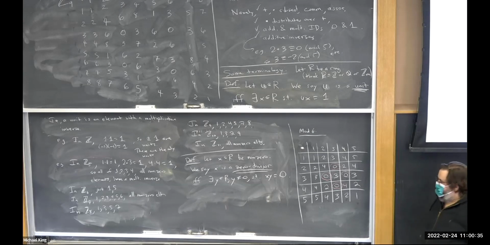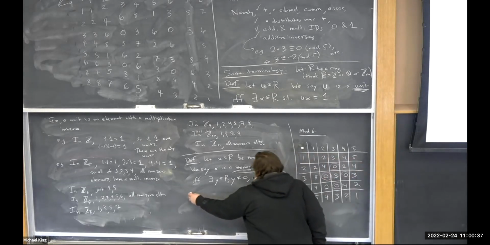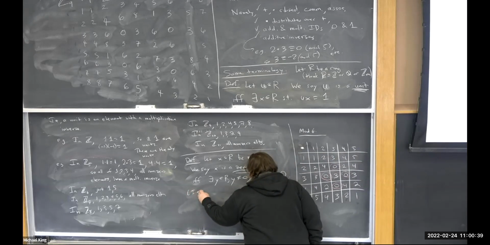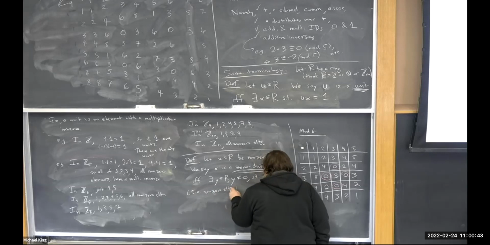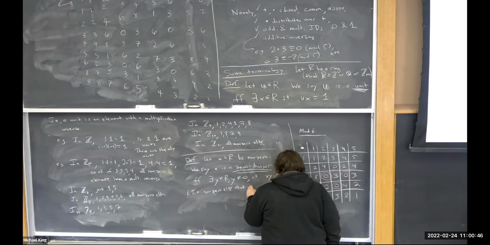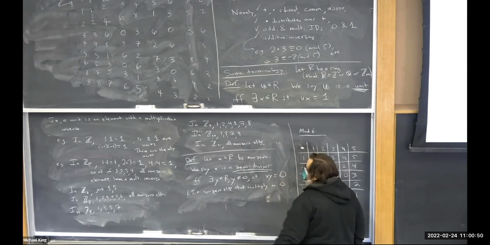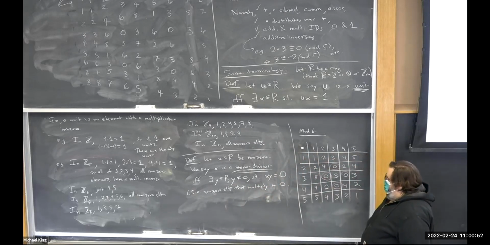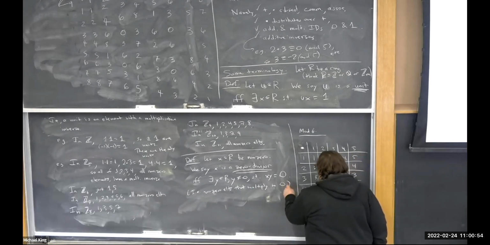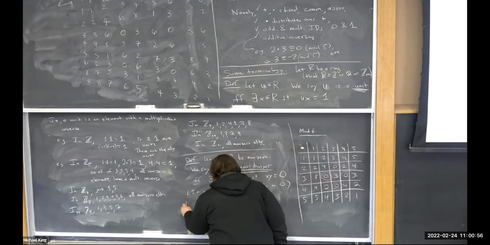So these are non-zero elements that multiply to 0. In the integers, there aren't any.